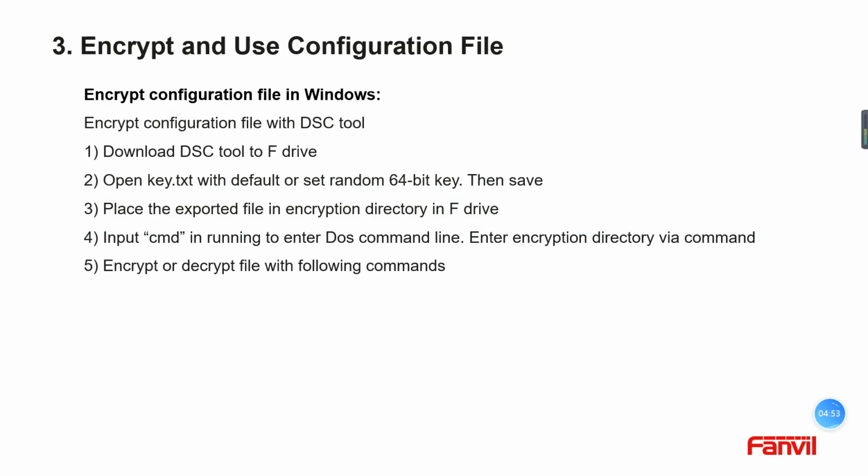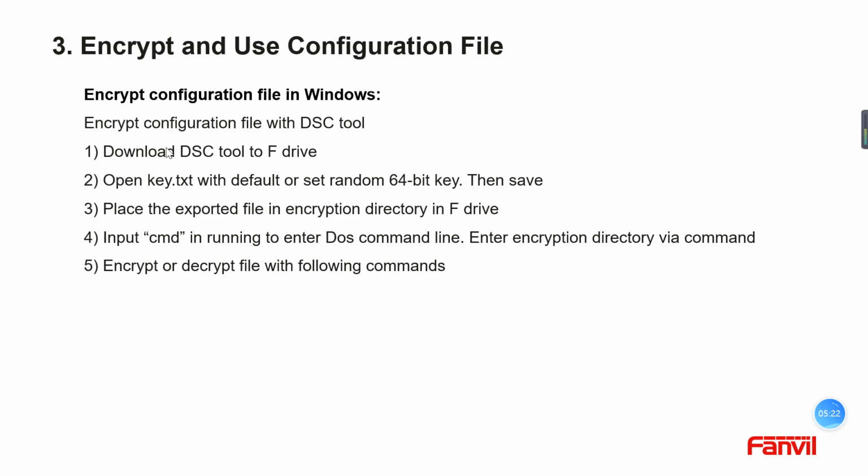Now let's move on to the third part, encrypt and use the configuration file. The execution environment can be divided into Windows and Linux. Firstly, let's see how to encrypt the configuration file under the Windows system. We need to encrypt the configuration file through a tool named DSC.